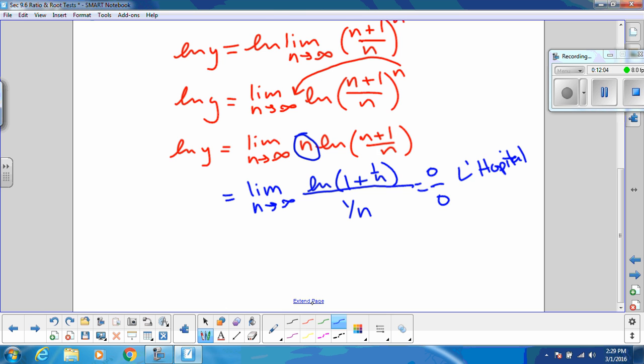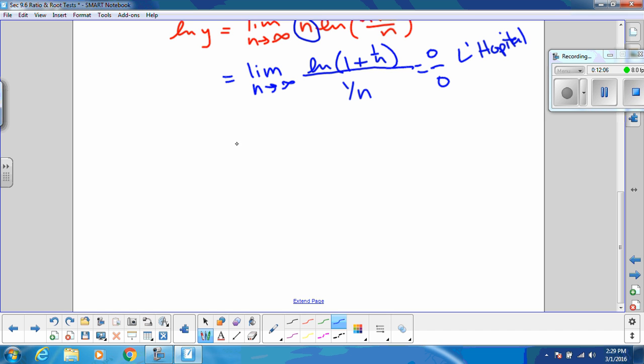And so that means I can take the derivative of the numerator and the derivative of the denominator. Remember, we're not doing the quotient rule, we're doing the numerator and denominator separately. So the derivative of the denominator is negative 1 over n squared. Remember, the derivative of a natural log is u prime over u. This is my u, and my u prime is the derivative of 1 plus 1 over n.